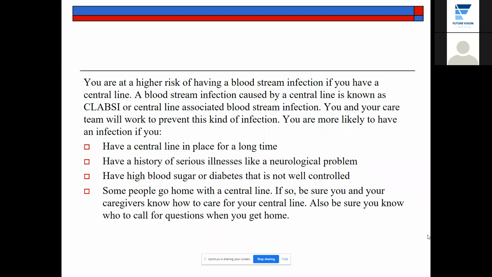مشان هيك المريض بيكون معرض كتير يكون في عنده نوع من الانفكشن، الالتهابات على هذا الموضوع.